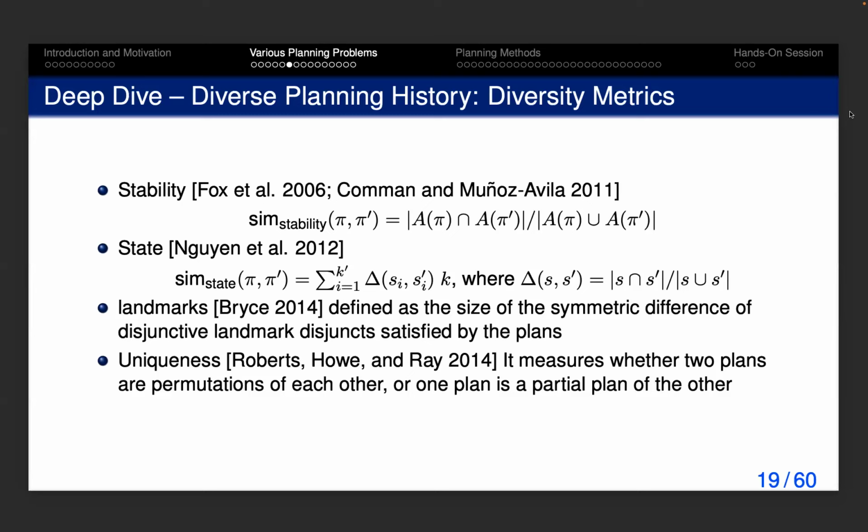We also have the landmark-based diversity metric, which looks at the systematic difference between the disjunctive action landmarks between them. And then the notion of uniqueness came in 2014, which measures whether the two plans are permutations of each other, and whether one plan is a partial plan of the other. So there are many different diversity metrics that exist in the literature.